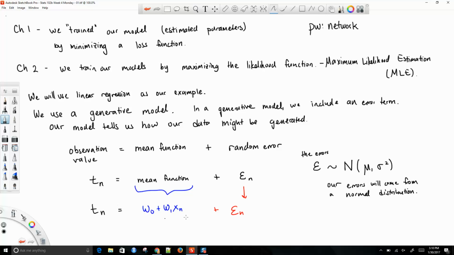So now this is our generative model. For linear regression, we model our mean function as having a linear relationship to x, and then we add in some kind of error term.